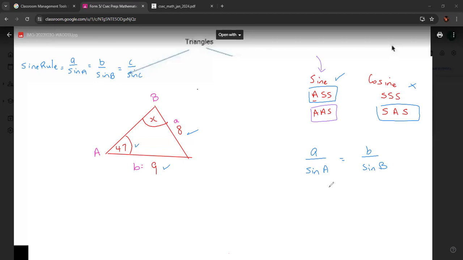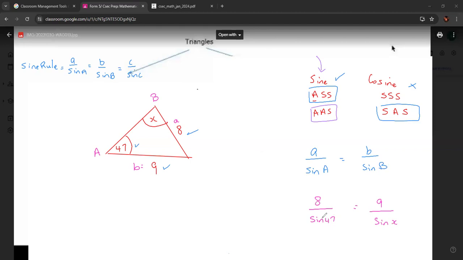So a will be 8 over sine of A, which is 47. So that will be sine of 47. b is 9 over sine of B. Remember, the big B is the angle. So that's going to be sine of X. Because remember, we're trying to find the angle now.